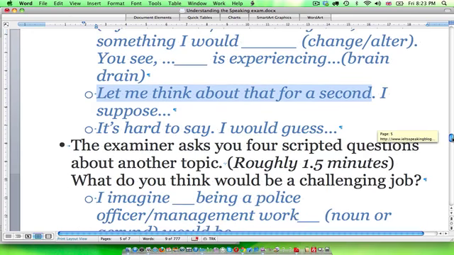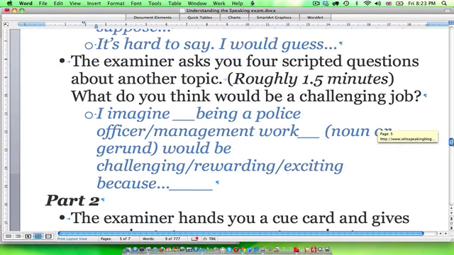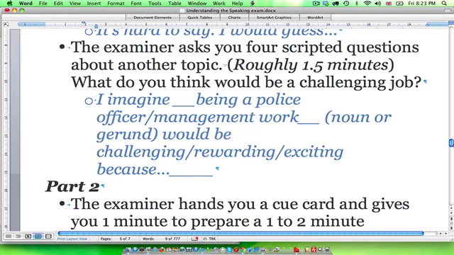The examiner asks you 4 scripted questions about another topic. So here, this is the 4th topic, and they ask you more questions about it. Perhaps it could be something like, what do you think would be a challenging job? And you should be looking for modals in their questions, because typically when you're asked a question with a modal, you're going to respond with the same modal.